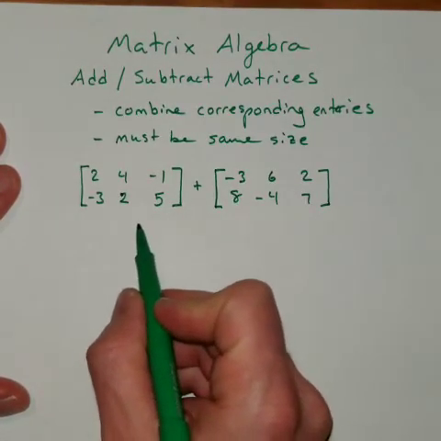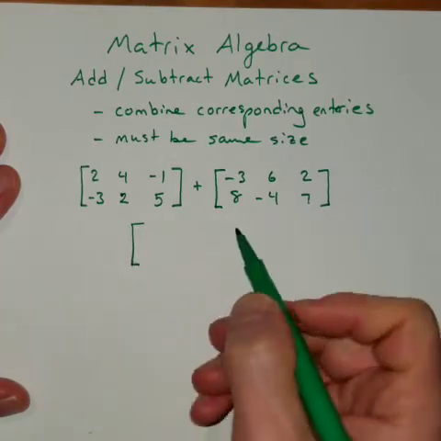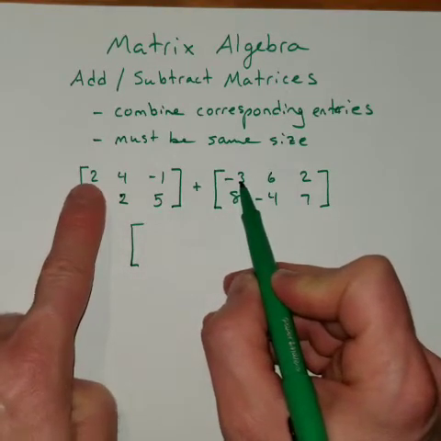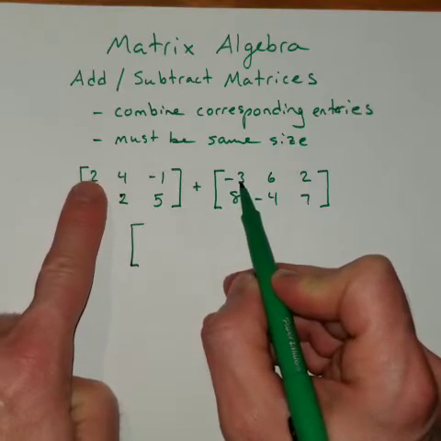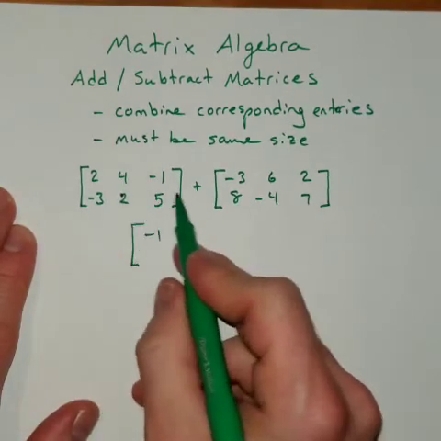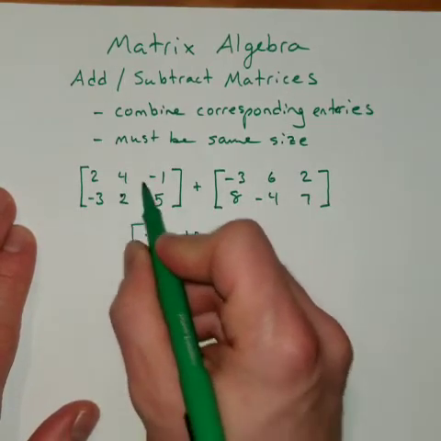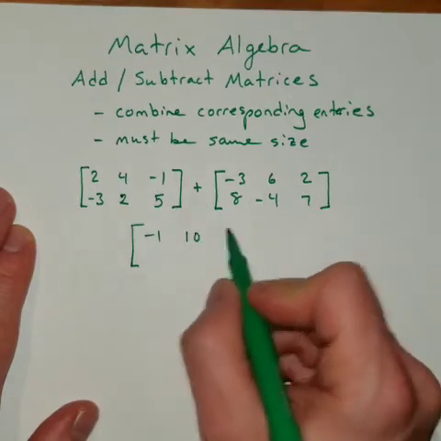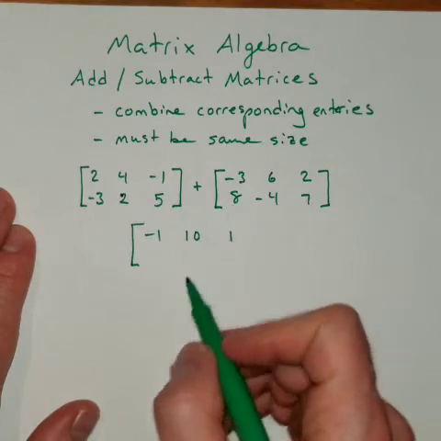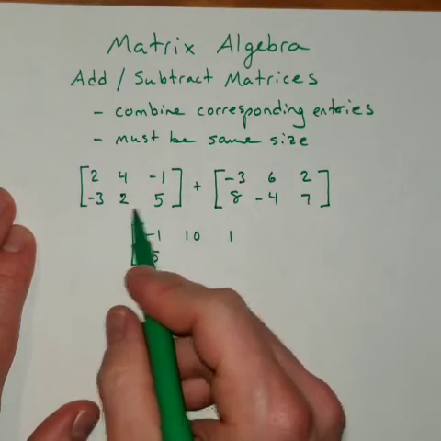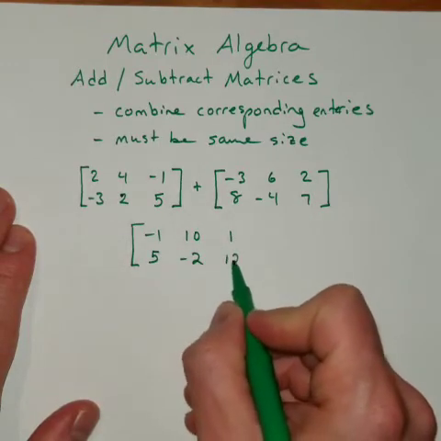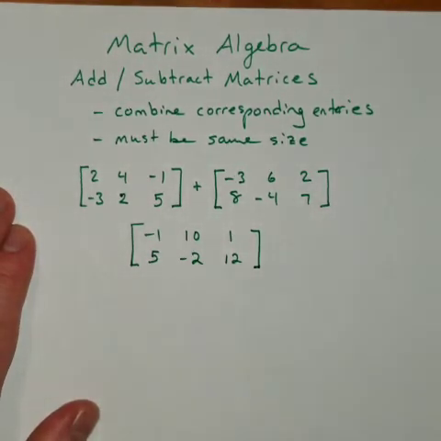When I add them, again, we're just going to combine the corresponding entries. So the first entries, first row, first column in each, we're going to combine those. 2 plus negative 3 is negative 1. 4 plus 6 is 10. Negative 1 plus 2 is 1. Negative 3 plus 8 is 5. 2 plus negative 4 is negative 2. 5 plus 7 is 12. Alright, so there's our sum.